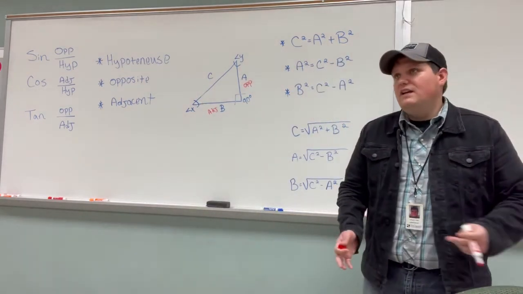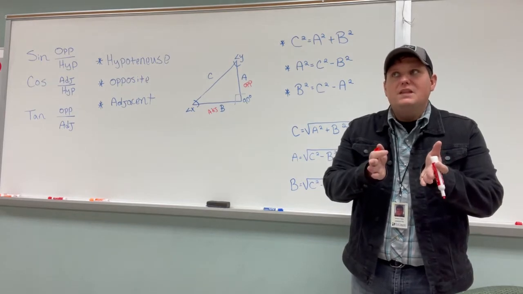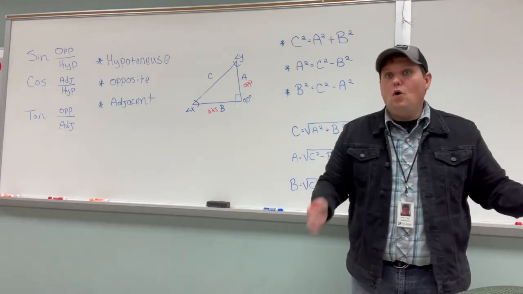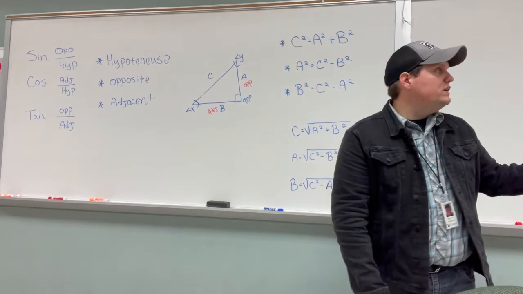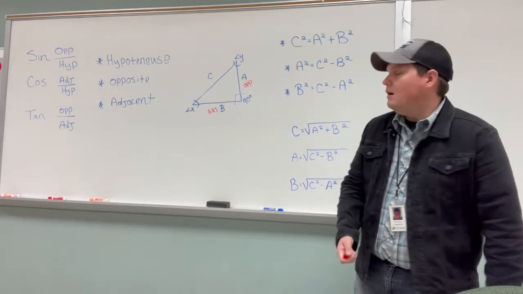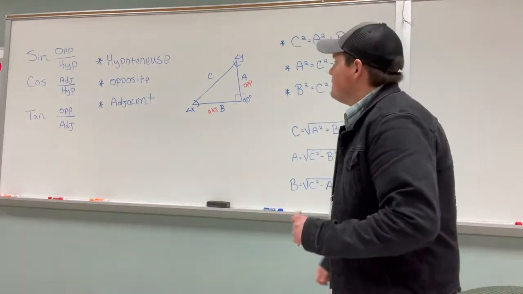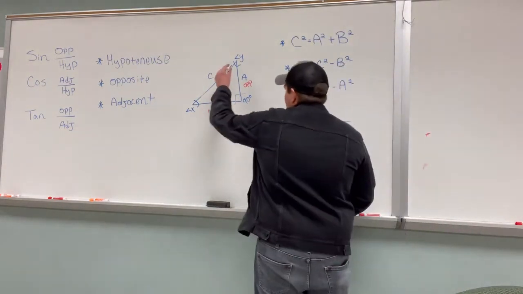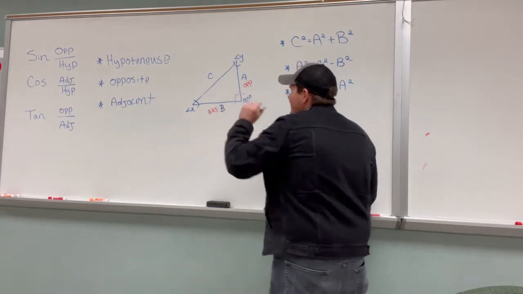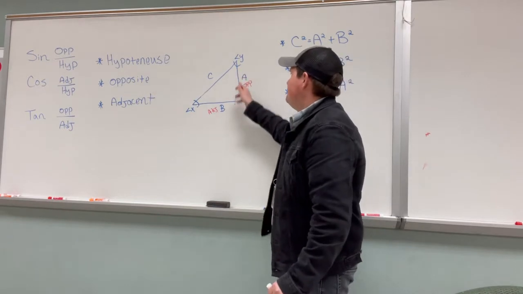So essentially, if I was standing in one corner of the room looking straight ahead, then one wall would be my opposite. But if I went to a different corner and looked straight ahead, well, a different wall would be my opposite. So it's the same concept here, okay? So coming from angle Y, side B becomes my opposite, and side A is my adjacent.